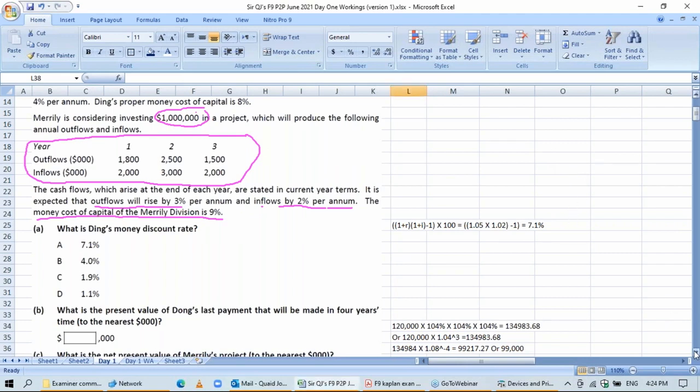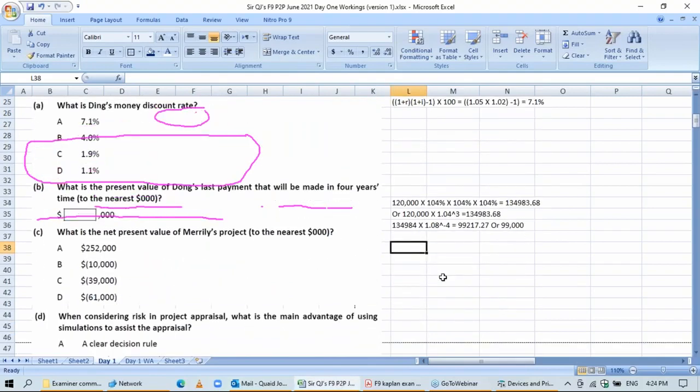So now we will work on the requirement C of this question. So let's work on inflows first.